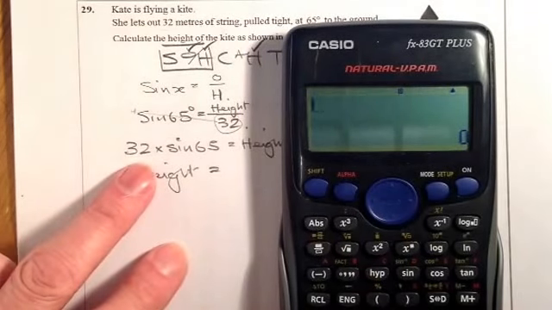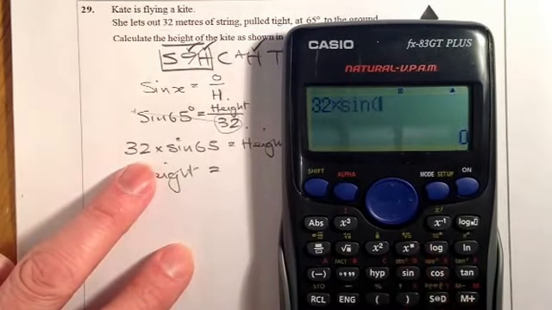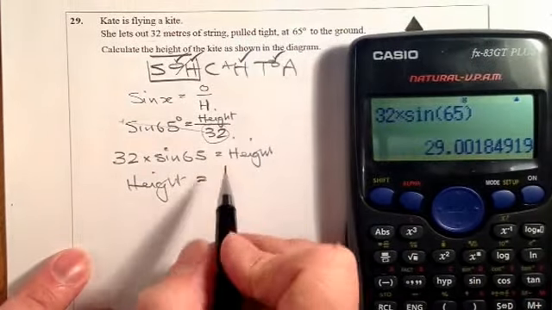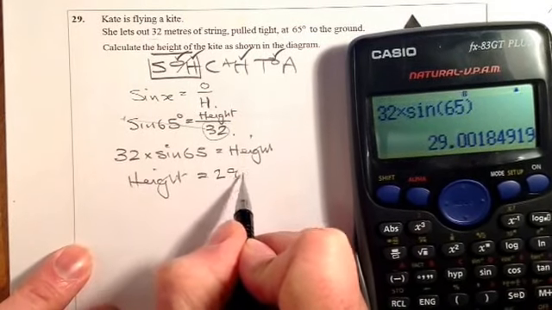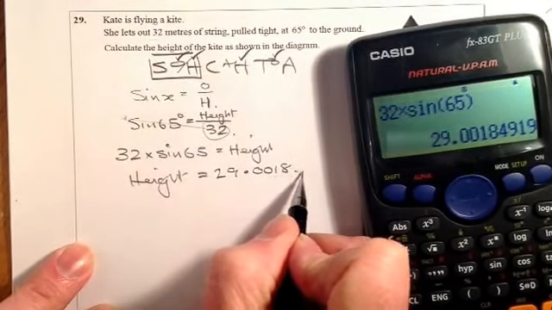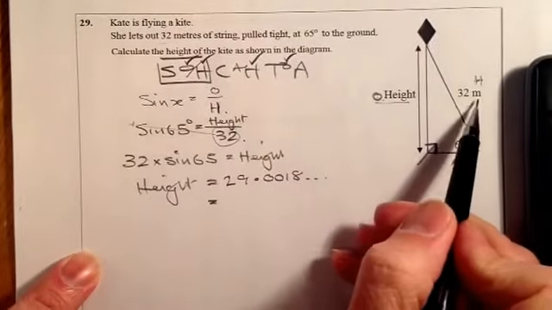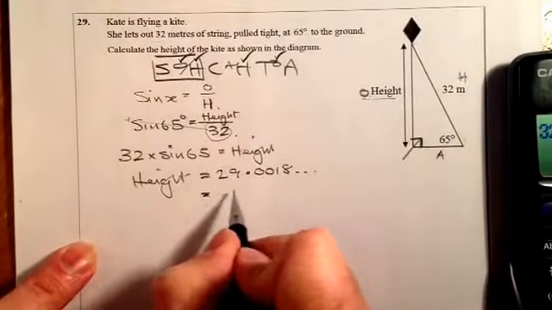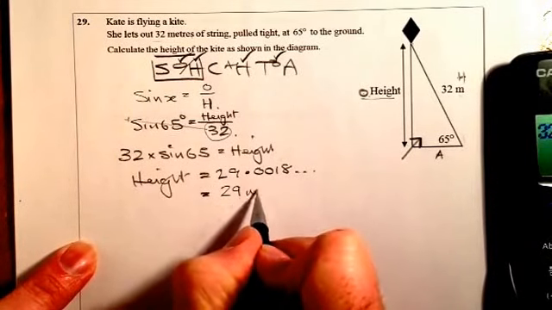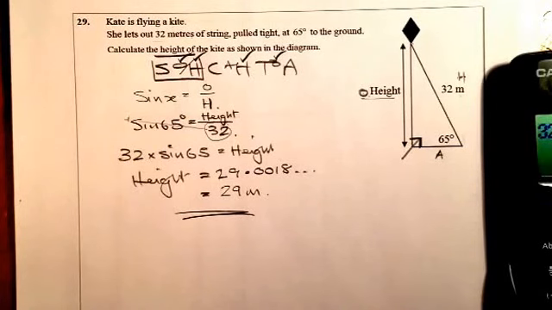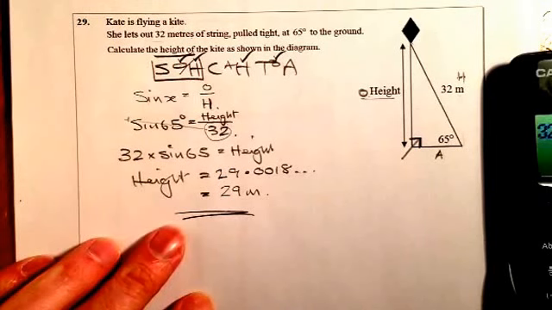Right, so it's 32 times the sine button, opens a bracket on this calculator, 65, close the bracket, equals, so it's going to be 29.0018, and what I can do there is round that to the nearest metre, so it's metres we're working in here, so that's going to be 29 metres, and that's my final answer. Okay.